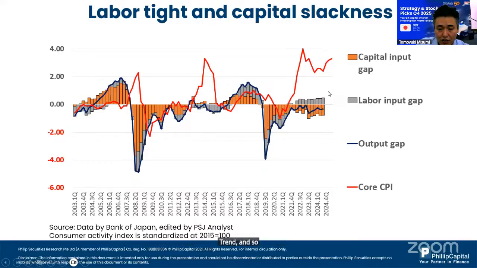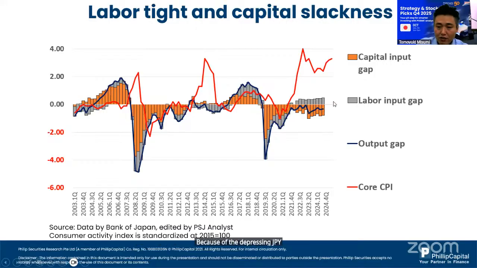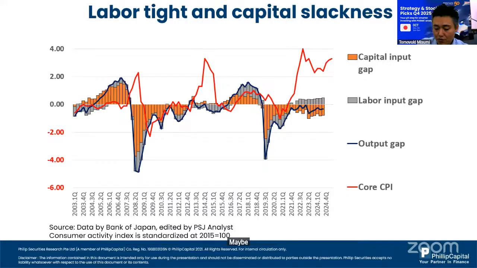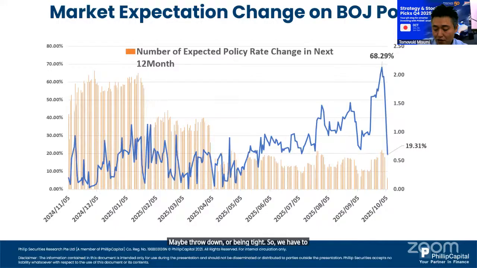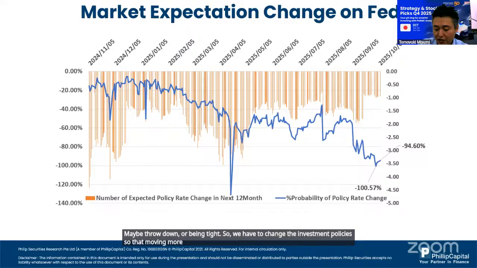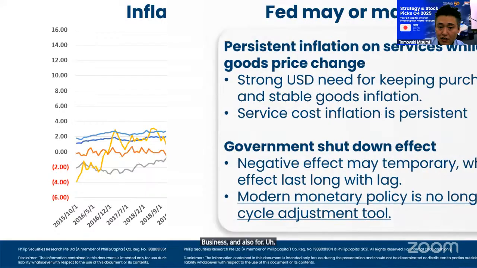Corporate investment and expenditure are growing further, but because of the depressed JPY, normal household consumption may slow down or tighten. So we have to change the investment policy to concentrate more on corporates and B2B business, and also focus on the labor market.